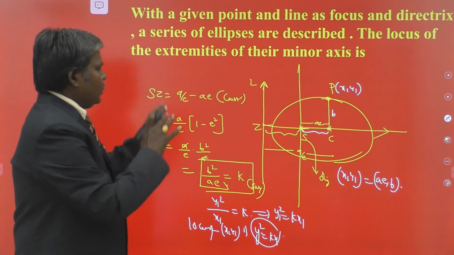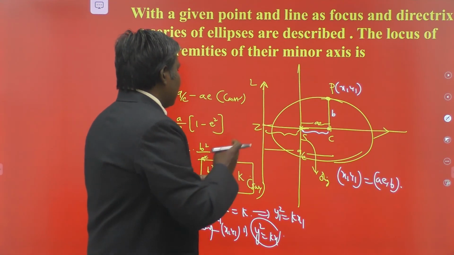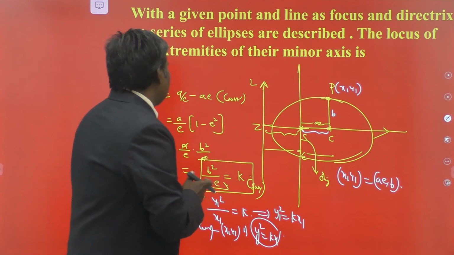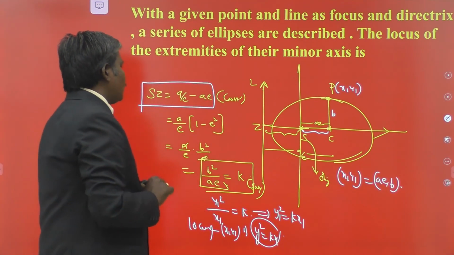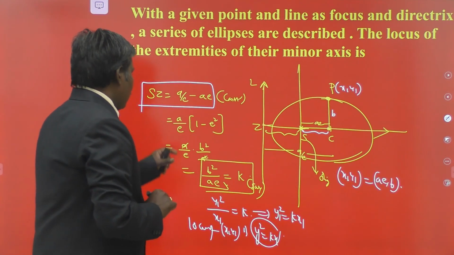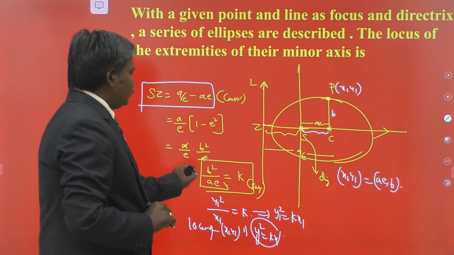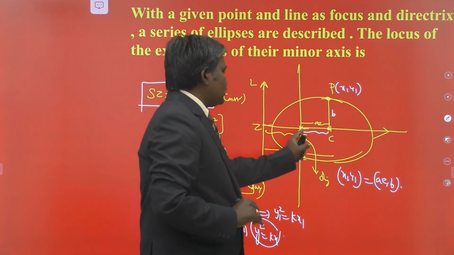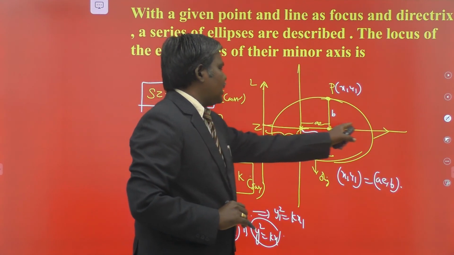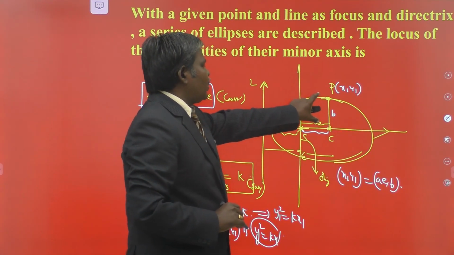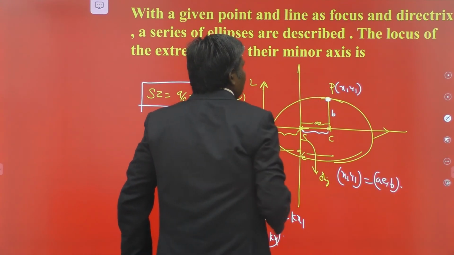So by drawing the diagram itself, we can crack this one. It is a little bit difficult imagination. Once you know this thought, what is this thought? SZ is equal to A by E minus AE. You have some relation. After getting the relation, you have to think that S, your focus, is the origin and SC is the x-axis, and you are going to write this point as x1 comma y1, a point on your locus.